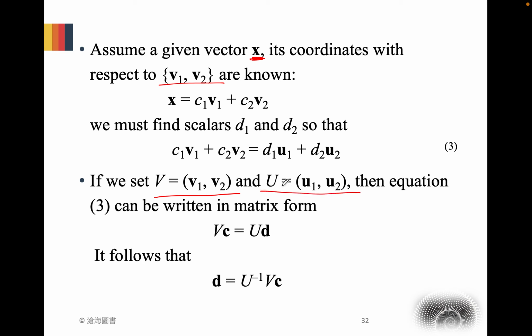Another basis is u. No, not this. This should be a matrix. Sorry, the capital V is a matrix, consisting of the column vectors v1 and v2, and u is another matrix, consisting of the column vectors u1 and u2. Okay, so if we define these two matrices, then this equation can be written in matrix form, right? So VC is equal to UD, right?